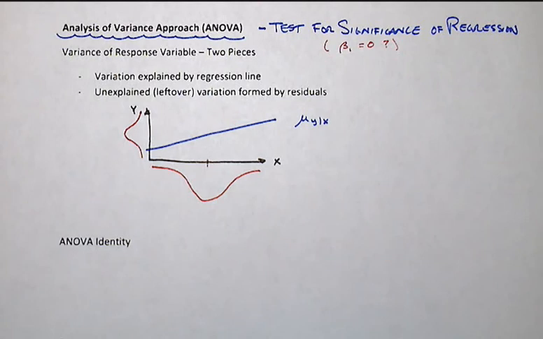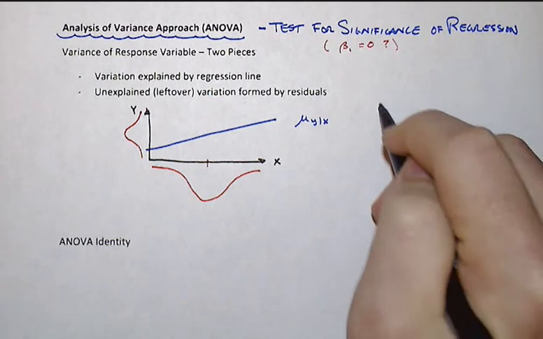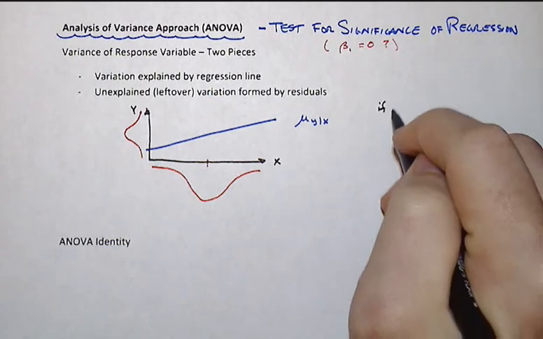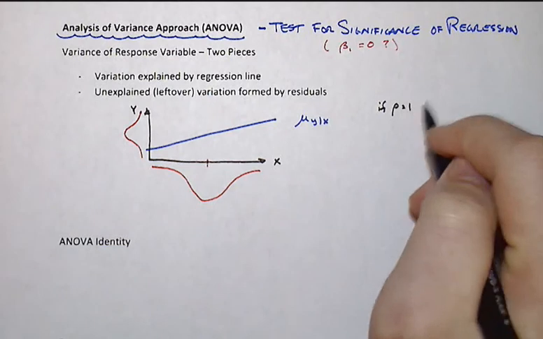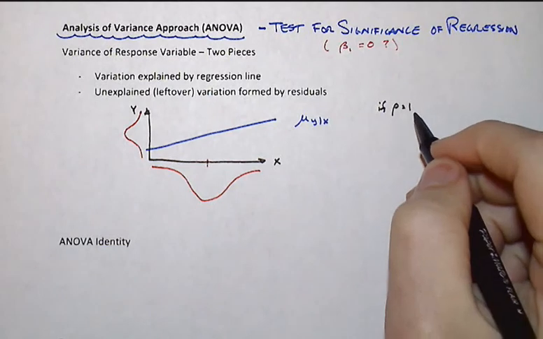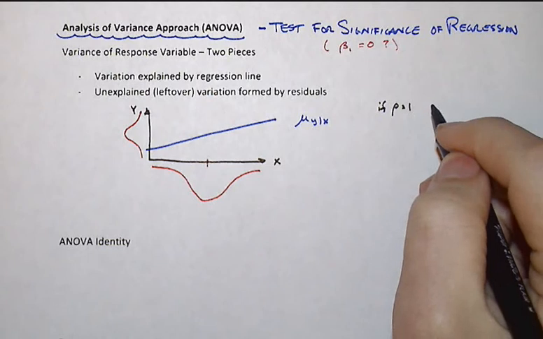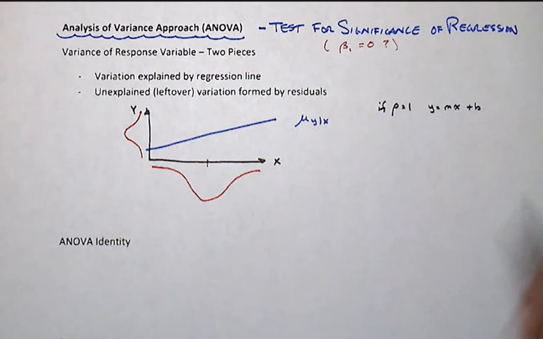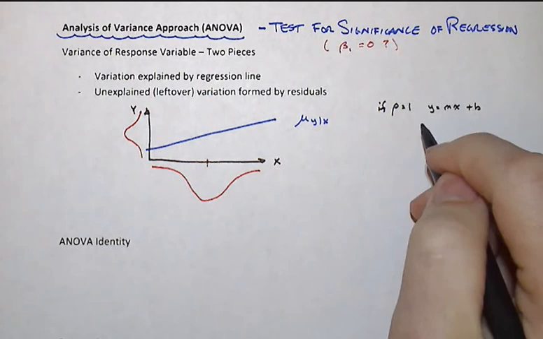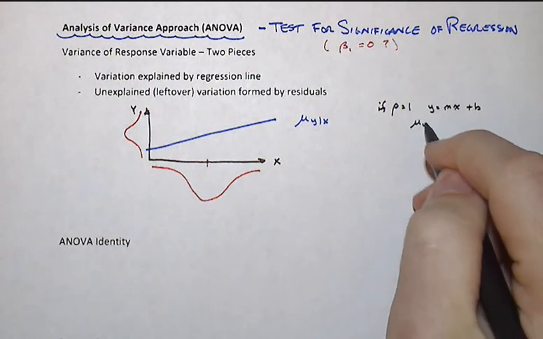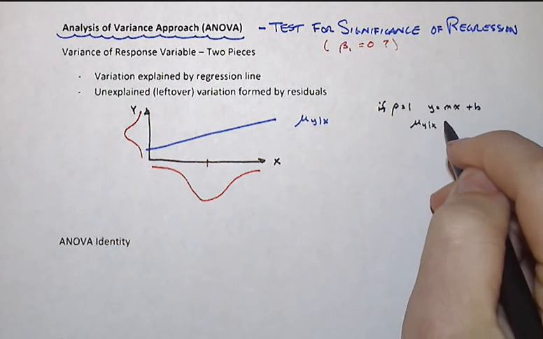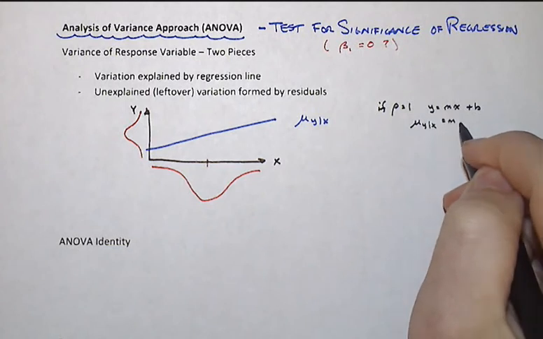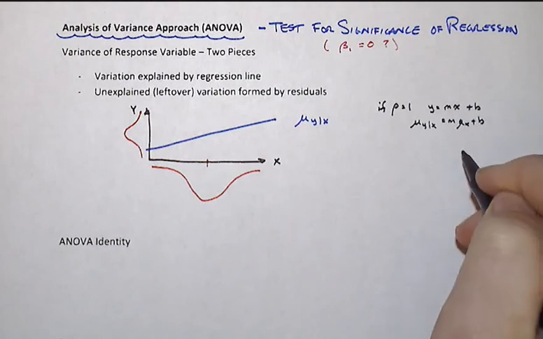Okay, and if we have the case that our population correlation coefficient is 1, that says that we have a perfect linear relationship between the 2 random variables, that y is equal to mx plus b. And therefore the conditional mean of y is going to be equal to this slope parameter m times the mean of x plus b.